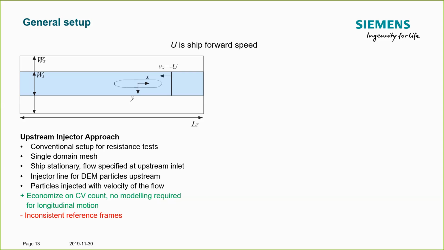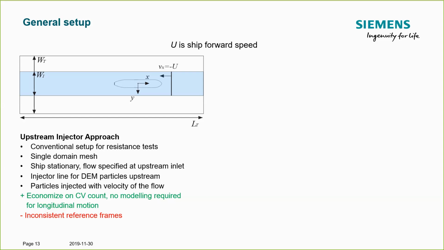The advantage is denoted here in the green color font. We will economize on the control volume count because we have a small domain and a single domain. And less modeling is required for the longitudinal motion of the ship, because we switch the reference frames and the flow is initialized at the negative forward speed.